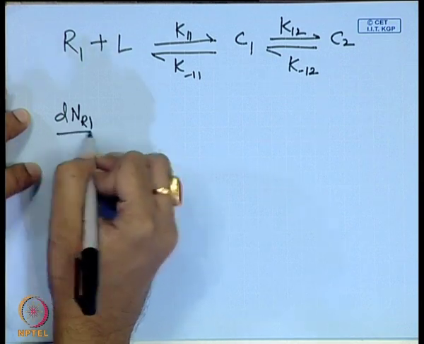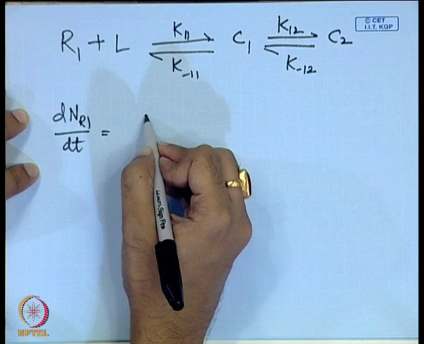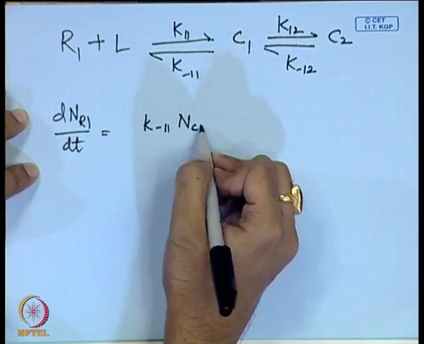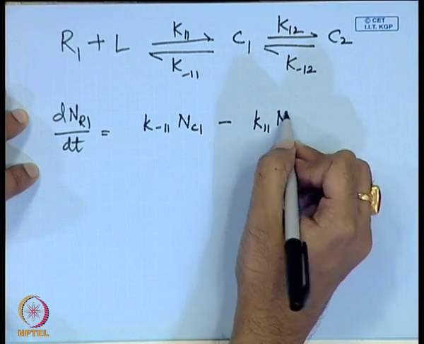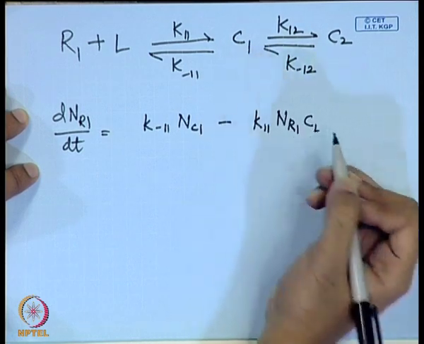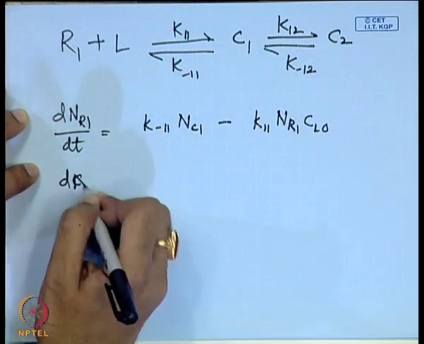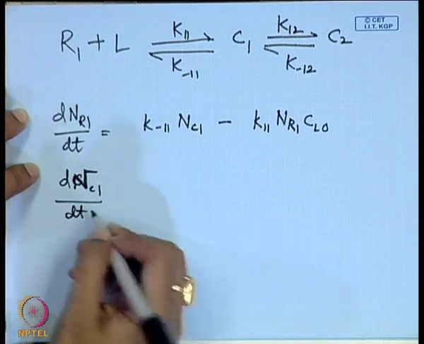So, dNR1/dt, what is that equal to? That equals k minus 1 NC1 minus k11 NR1 CL naught. Now, what would be my dNC1/dt?